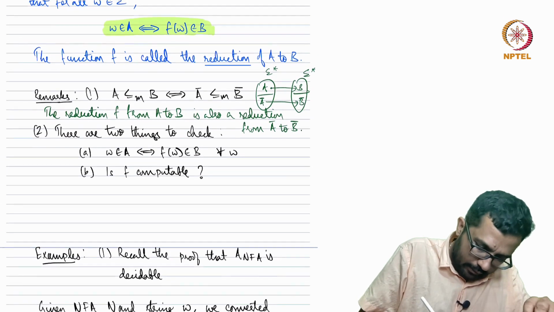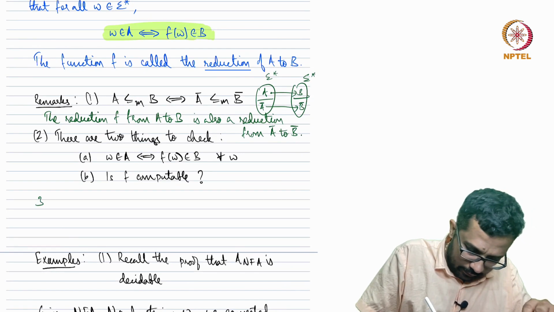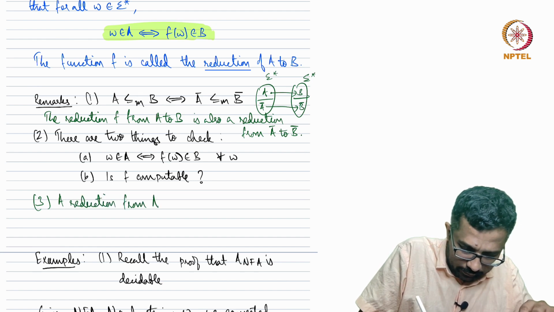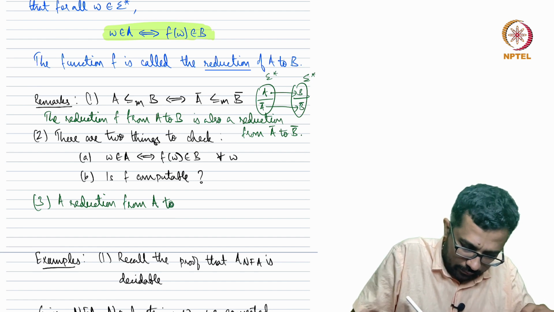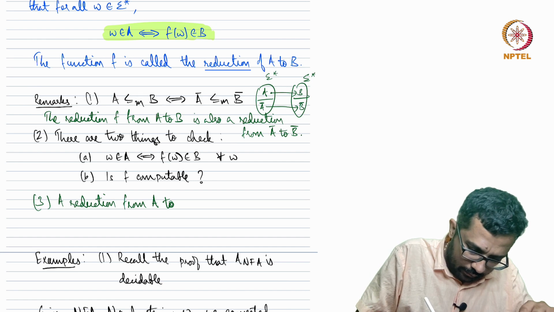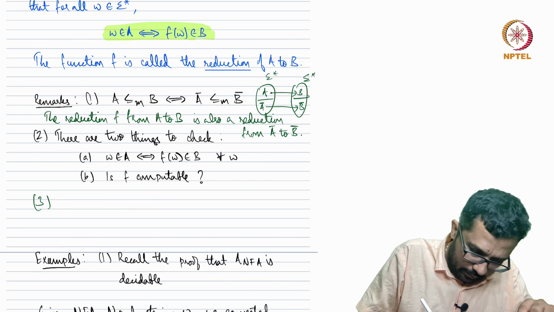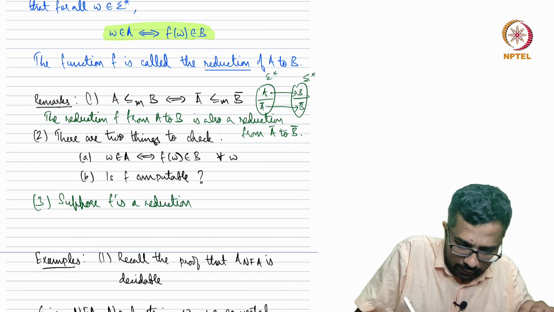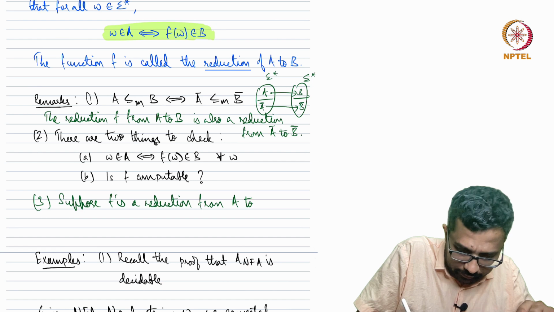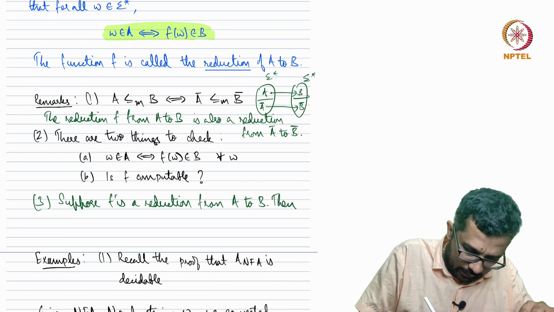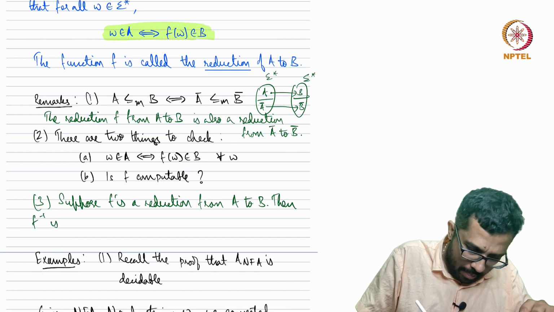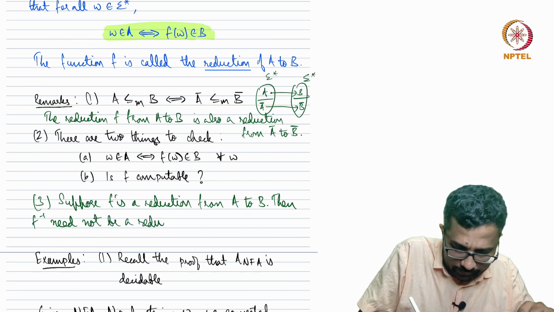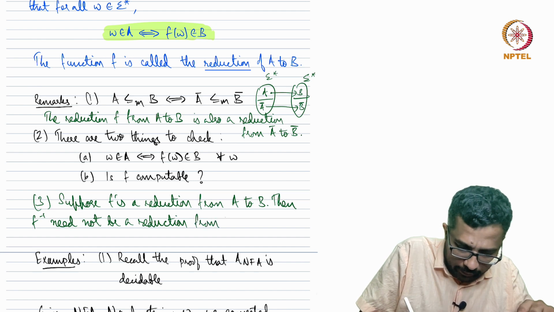So one thing: suppose f is a reduction from A to B, then the inverse of f need not be a reduction from B to A.